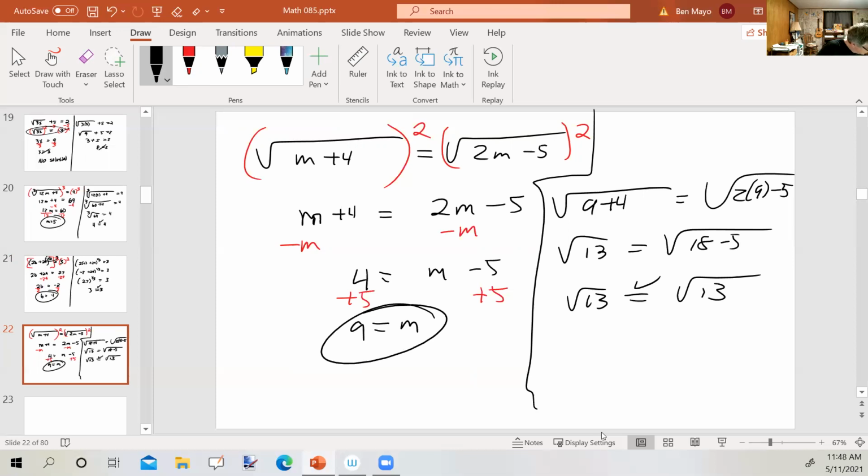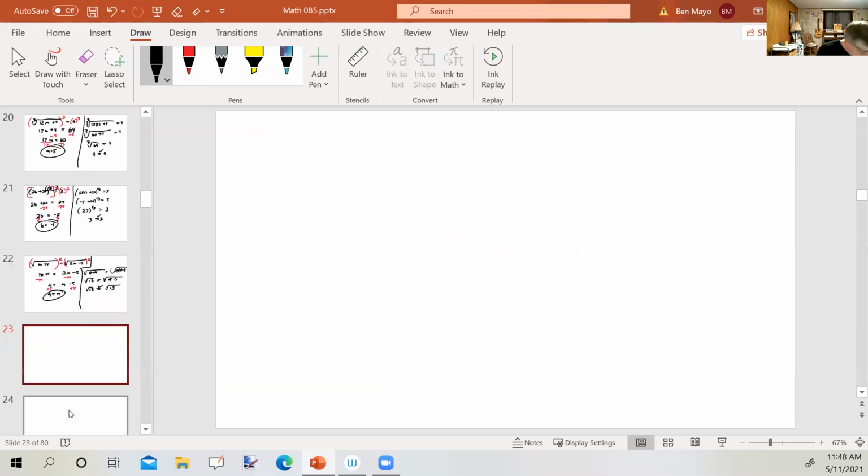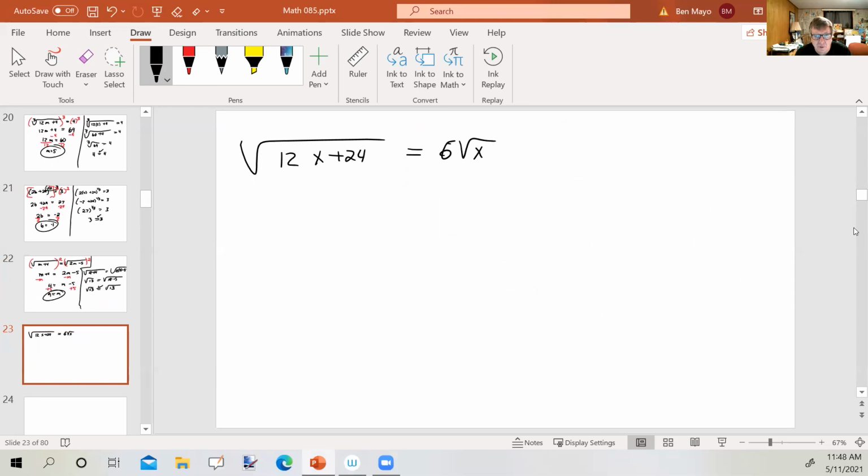Okay, let's take a look at this one. We've got the square root of 12x plus 24 equals 6 square roots of x. Now, not everything is under the radical, but there are just two terms, one on each side of the equation, and they both contain a radical.